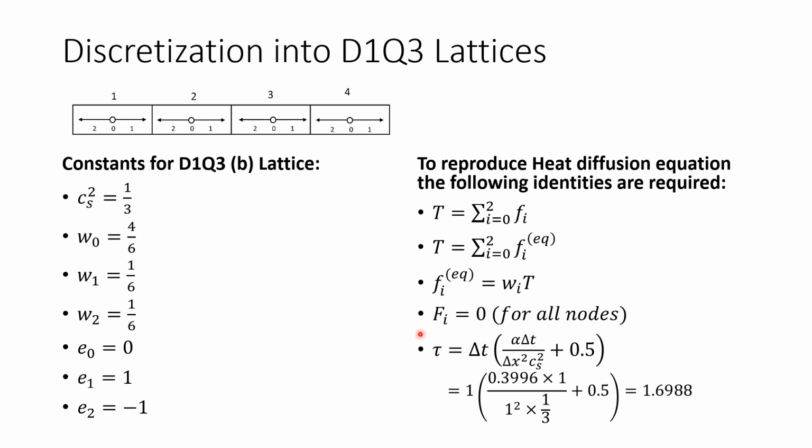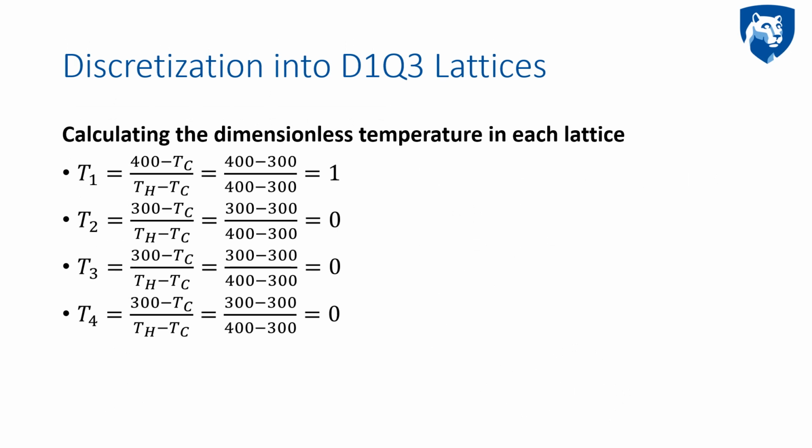And then for this problem we are going to use relaxation time tau, which equals this formula, and would give us the value of 1.6988. So we have to calculate the initial dimensionless temperature for each of the lattices.